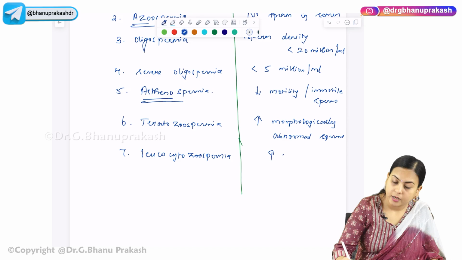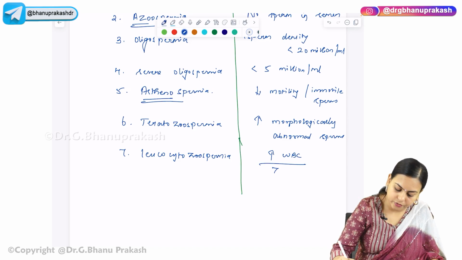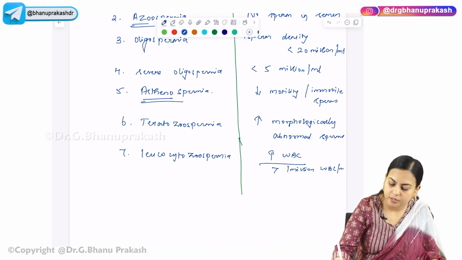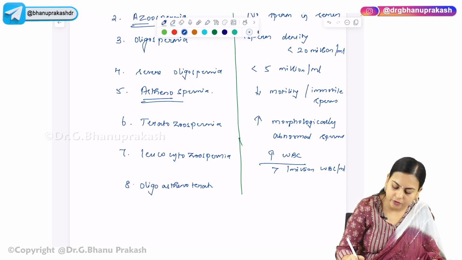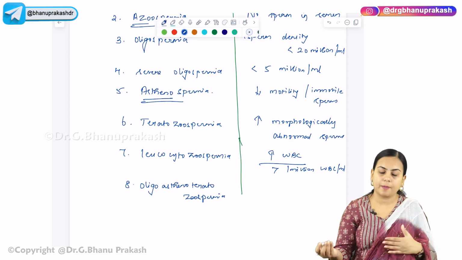There is increased WBC count, that is more than 1 million WBC per milliliter. And then you have oligospermia. So everything will be combined now.